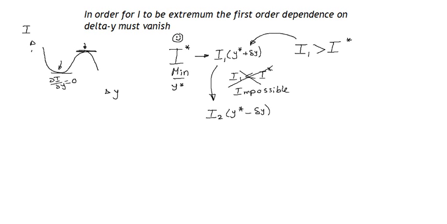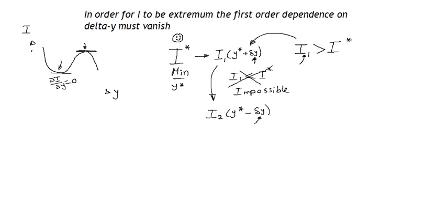If the first order effect exists, then the effect here of delta y was increasing I1. If the effect of delta y is first order, then the effect of minus delta y would be decreasing I1.